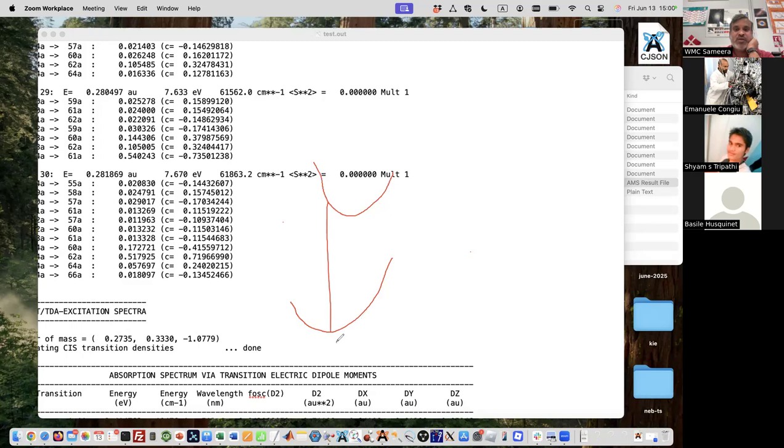Is it true? Yes, sir. Okay, so this is a neutral molecule in the ground state, and you excite, but the molecule is still neutral. It's still in the excited state. So that will be known as vertical excitation energy.